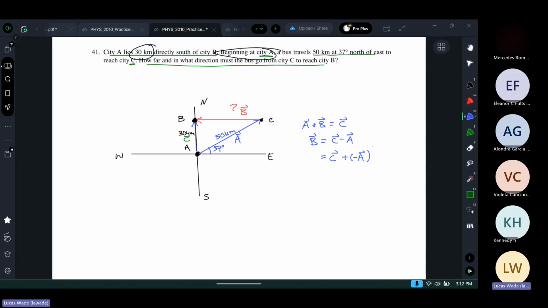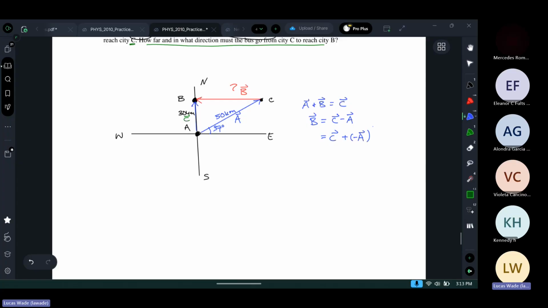Once I've figured this piece out, the rest works pretty much exactly like we do everything with components. So I'll make a table. Oh, sorry, not force, vector. We haven't gotten to forces yet in this stuff.